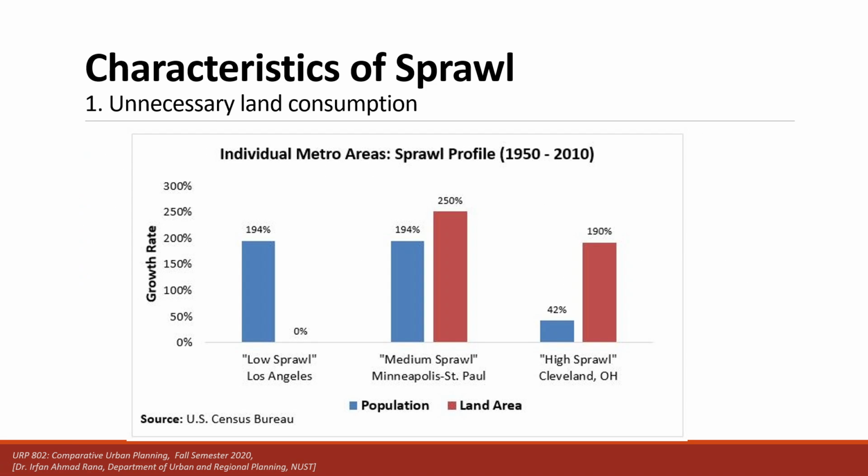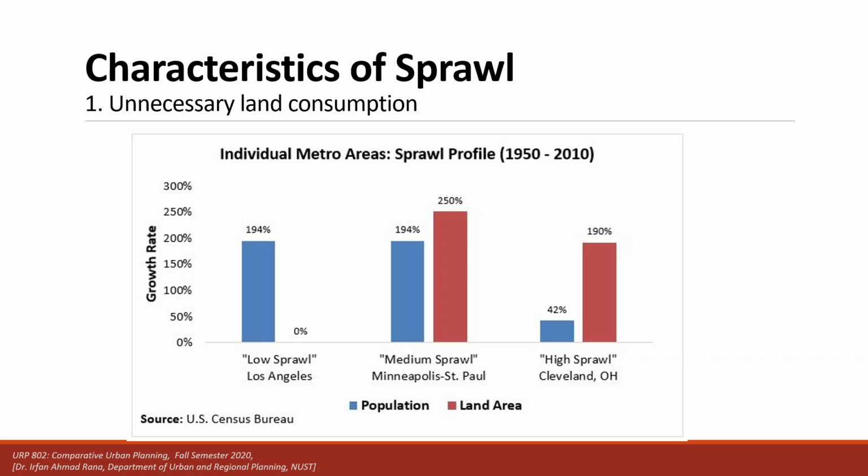So let's talk about our first aspect of urban sprawl: unnecessary land consumption. For many years, urban sprawl was generally thought to be an exclusively American problem, that USA cities are facing high levels of urban sprawl.